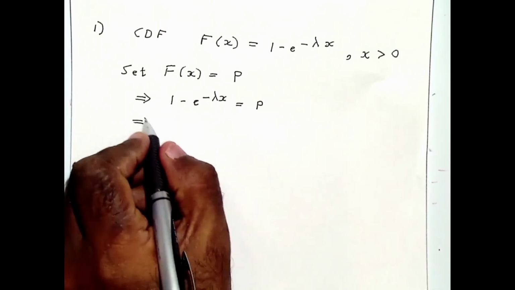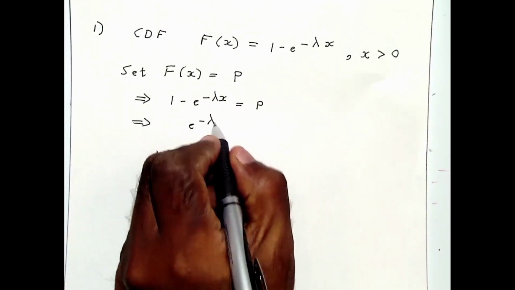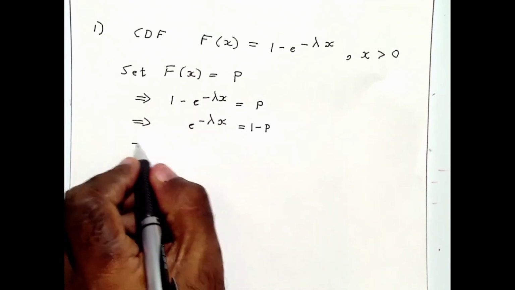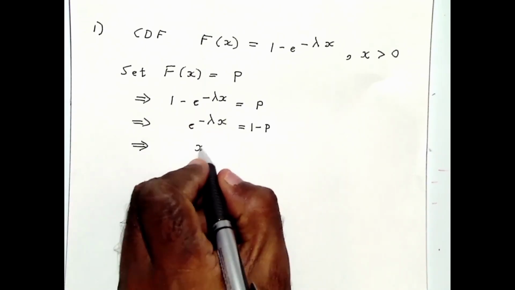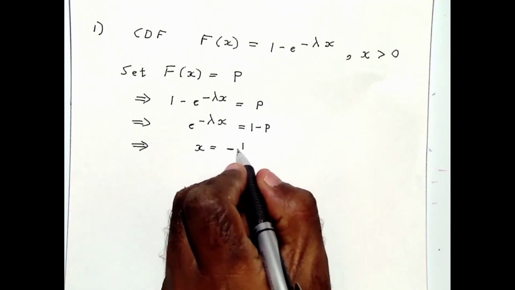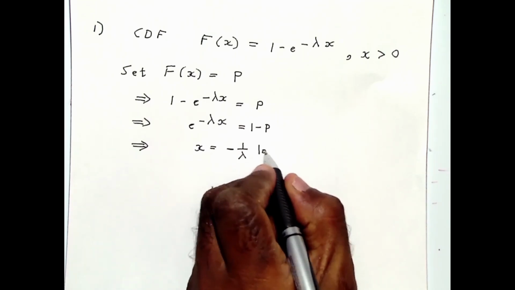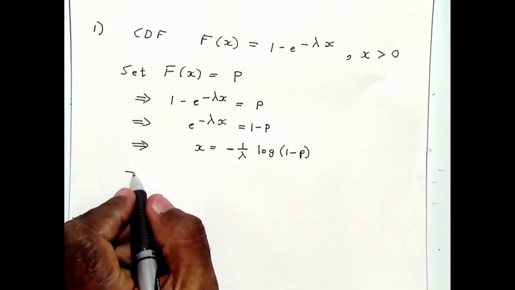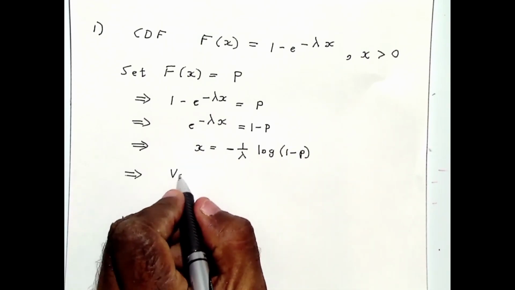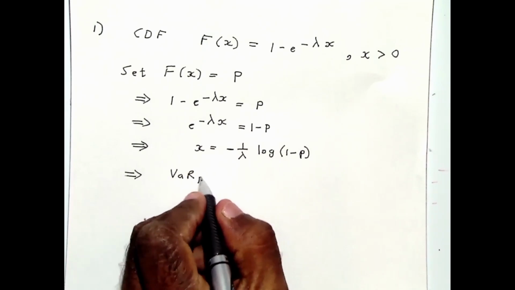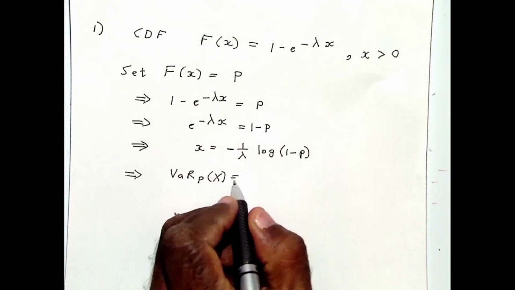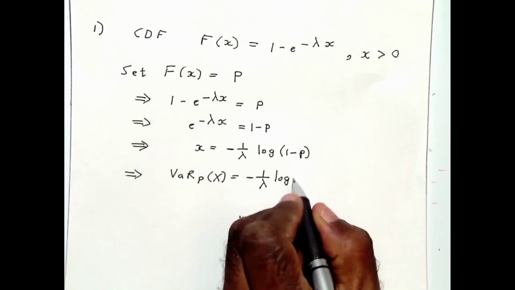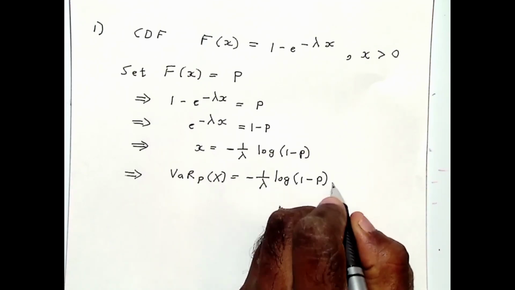Alright, this implies that x is, hence the formula for VaR, or value at risk, is given by this.